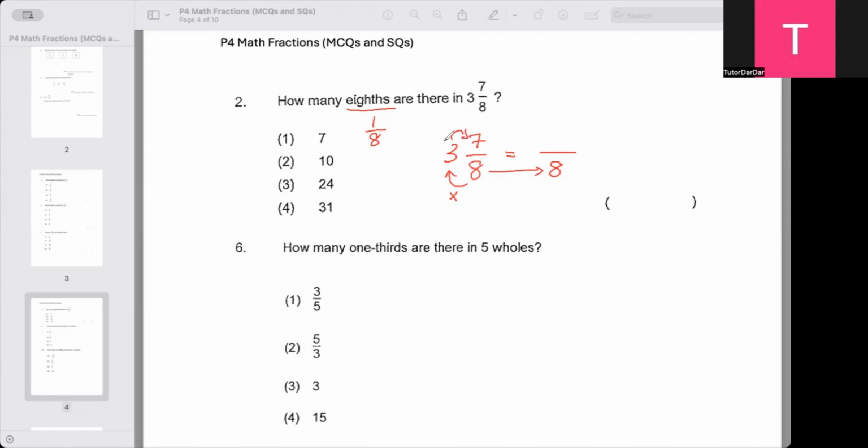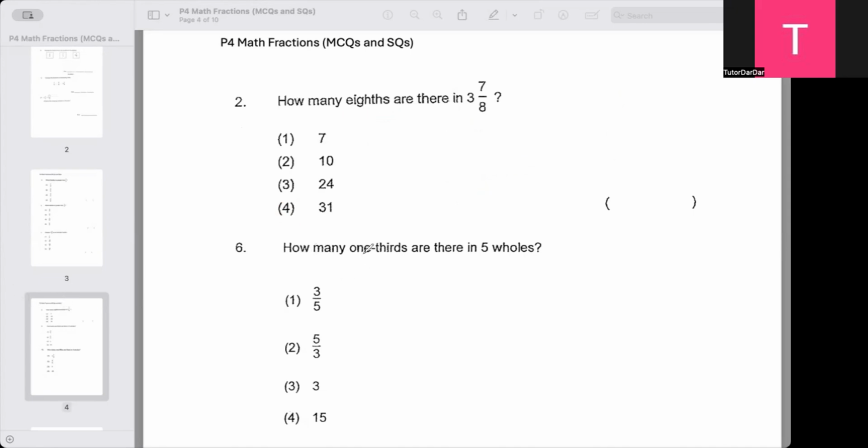Then 24 plus 7, you get 31/8. So how many 1/8s? When they ask you this question, you are supposed to take the numerator only, which is 31. If they ask how many 1/8s, you just write 31. Please don't write 31/8, which is wrong.